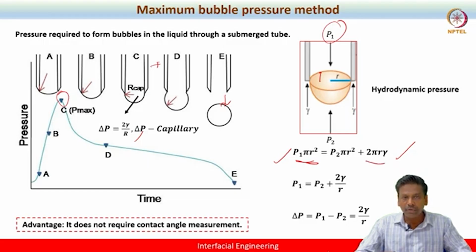Then you have gamma, the surface tension force, which acts upward, pulling the bubble and preventing detachment, which is gamma times 2 pi r, where 2 pi r is the perimeter. When you perform this force balance, you get delta P is 2 gamma by r, the same as the Laplace pressure for a spherical geometry, which we will also show in the following lecture.